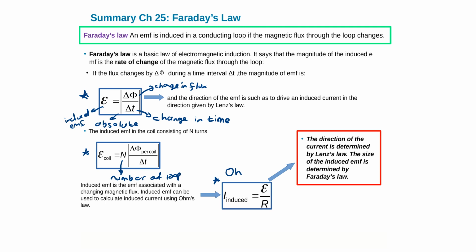Current is equal to the potential difference divided by the resistance, and our potential difference is epsilon here. How do we define the direction of the current? Induced current direction comes from Lenz's law. That's our setup here.